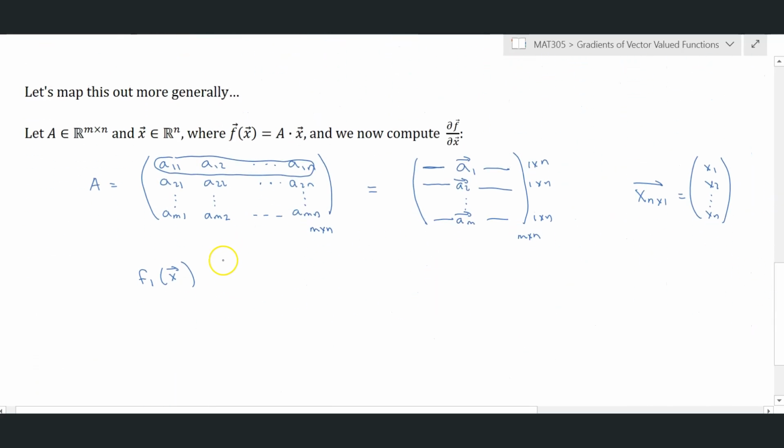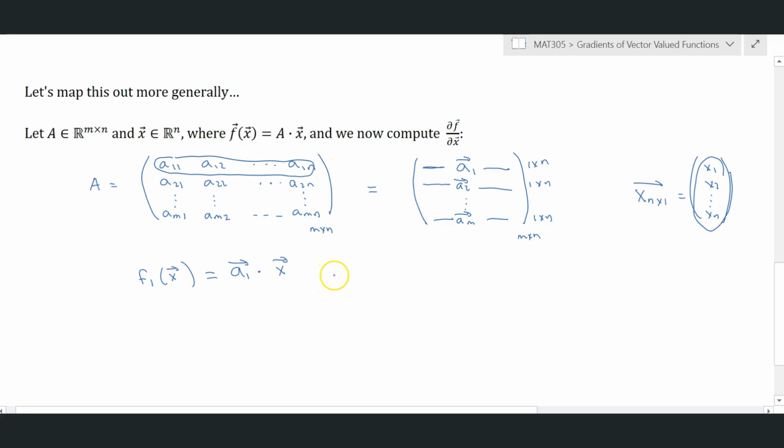So I'm going to go ahead and write this in the following way. I know that this is going to be the row vector A1 multiplied by the column vector x. What that's going to result in is these elements x1 through xn multiplying a11 through a1n.